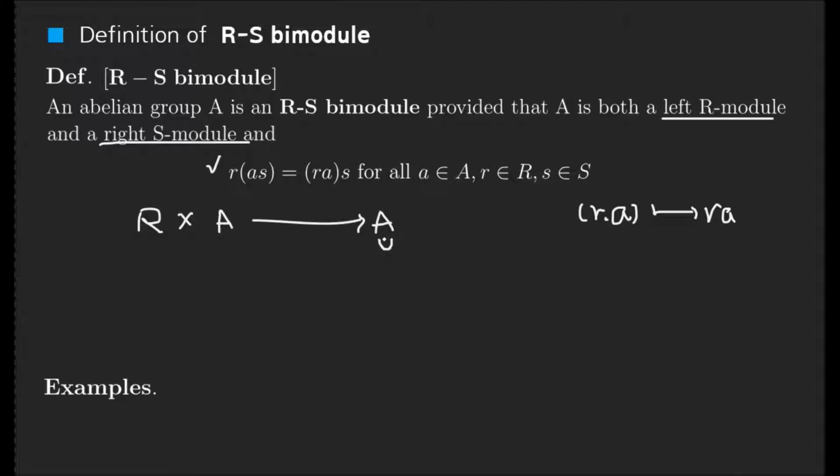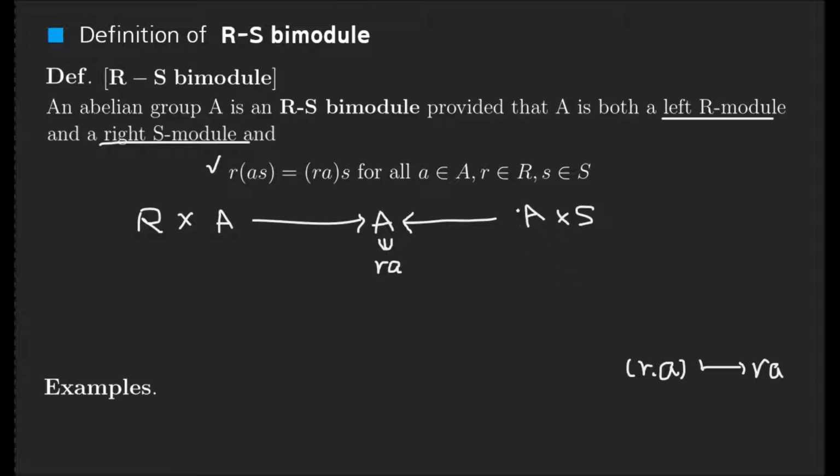RA is clearly an element of A, and because RA is in A, we can consider the right S module structure, with A times S going to A. Because RA is in A, we can choose RA in A and S. Then we can consider (RA)S going to (RA)S.